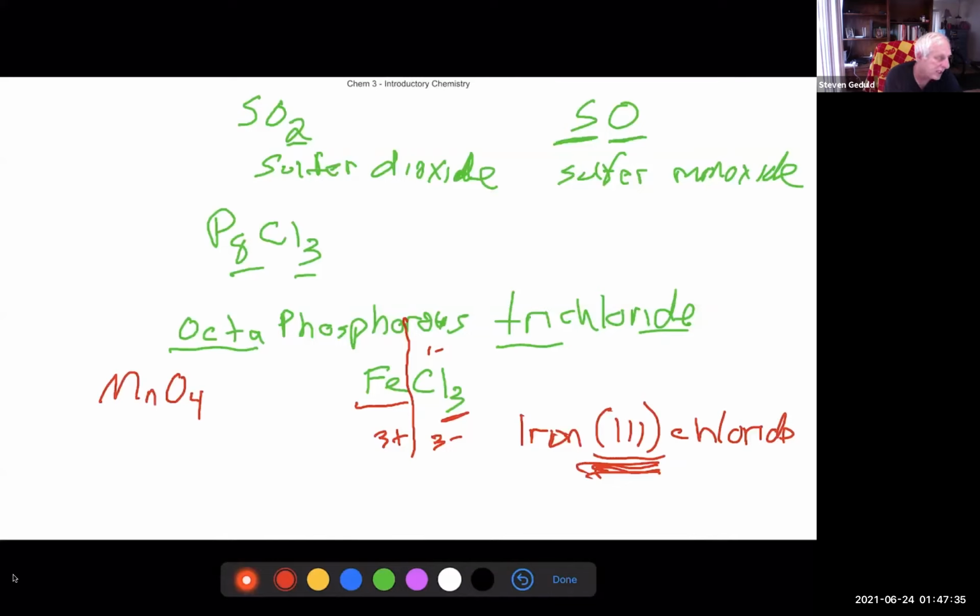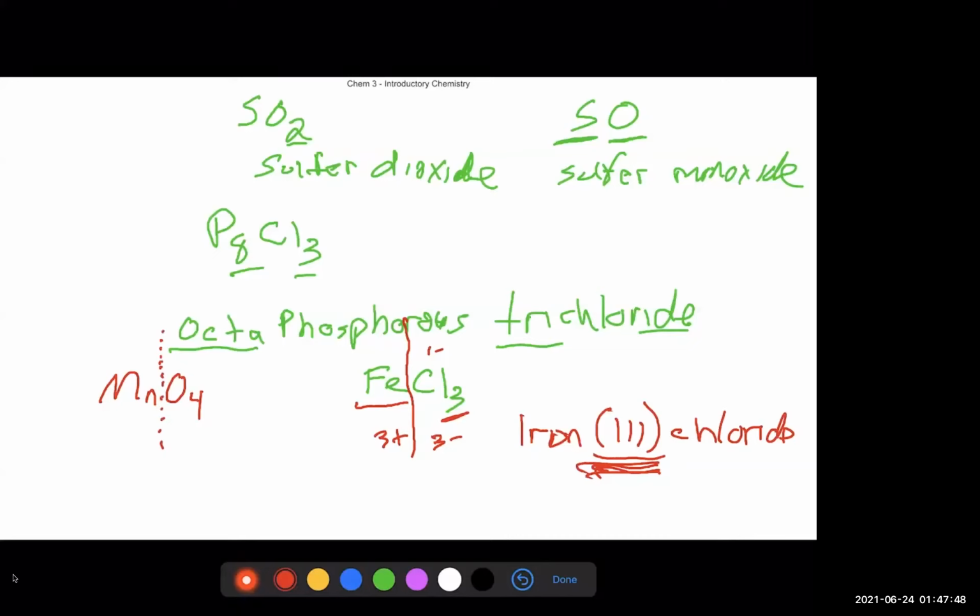Again, look at Mn, number 25, manganese. You know it's a transitional metal. So divide this in half. What's the charge on oxygen? -2. -2. Perfect.